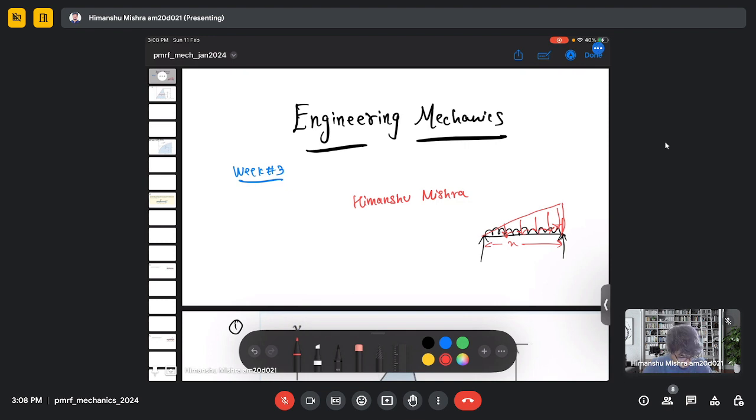Then we can calculate the resultant force which acts at some specific point. And then we can do our usual practice which we have been doing for the last 2 weeks, the force balance and moment balance, to calculate the required things.